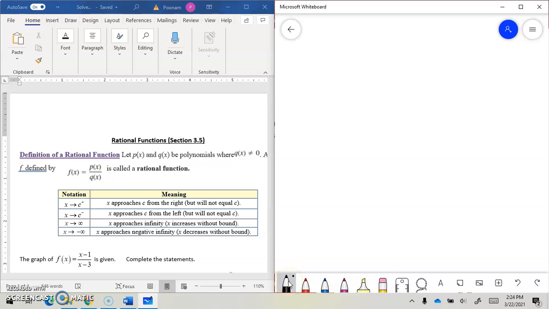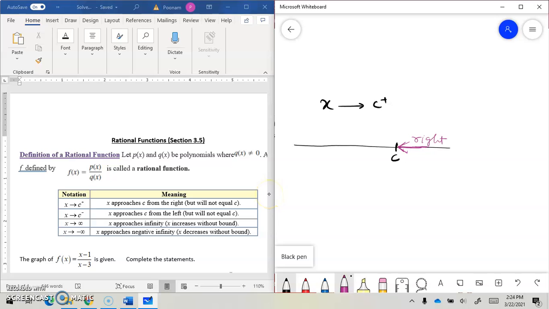So now let's learn about basic notations. When I write x approaches c positive on the number line, that means that if there is some c value, x is approaching c from the right, but it will never be equal to c. So x is getting closer slowly and approaching the c value from the right side.